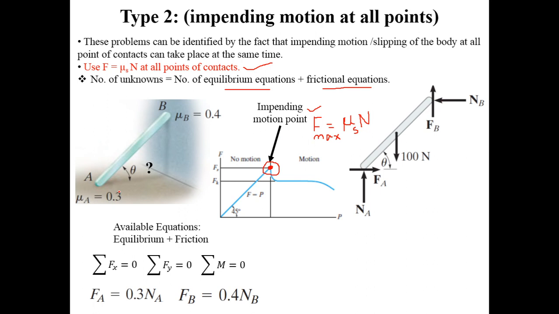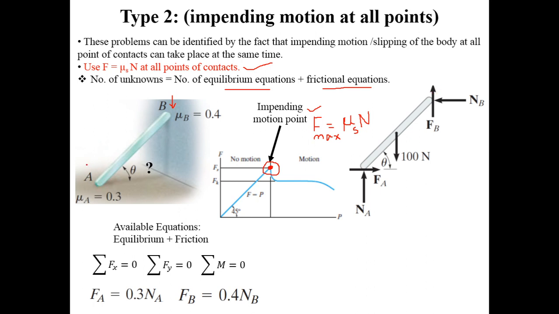Imagine that if this theta is decreased, then this point B is going to slip in the downward direction like this. And so the force of friction acting at point B will be in the opposite direction of this motion. That is why this FB is upward on the free body diagram.